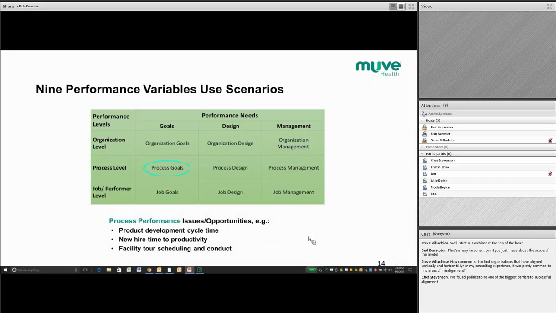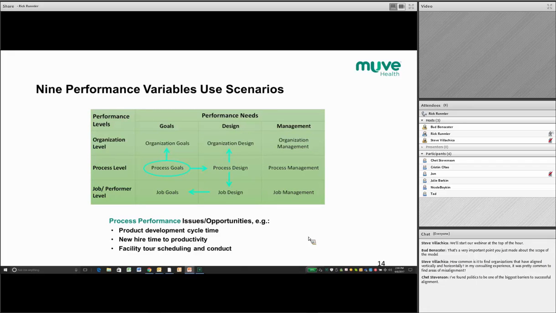So I'll start with what are the goals we have for that process, and to what extent that aligns with the organization goals, and is there a design that supports achieving those goals? And then once I understand if there's a process design and whether that makes sense, then I'll see whether the organization design is going to be affected by that and whether the job designs need to be adjusted based upon the process design.